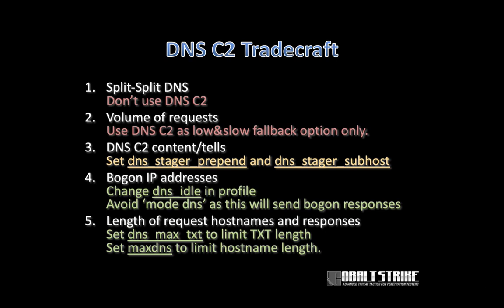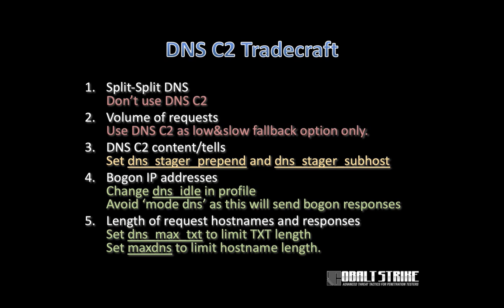This allows you to change the idle response used by Cobalt Strike's DNS server. And this value is also used as a XOR mask for other signaling responses as well. So if you change DNS idle to something plausible, you will avoid bogon IP addresses, at least for the TXT record aspect of the DNS beacon and the signaling piece.